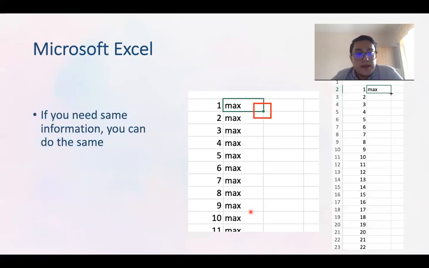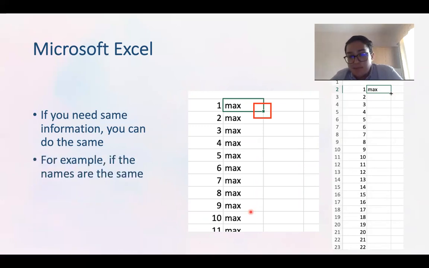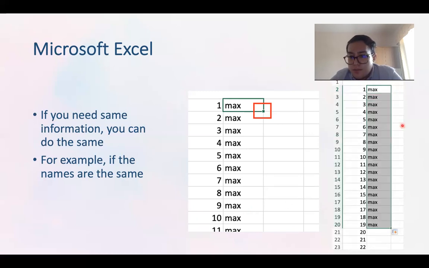Now, if you need the same information, you can do the same. For example, if the names are the same, for example, you have 10 people whose name is Max, but you don't need to type Max 20 times, right? What you can do is follow my lead.